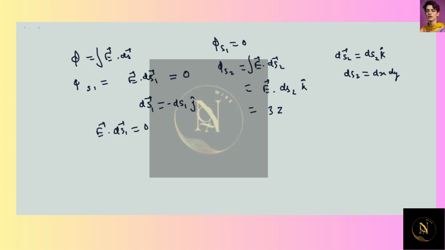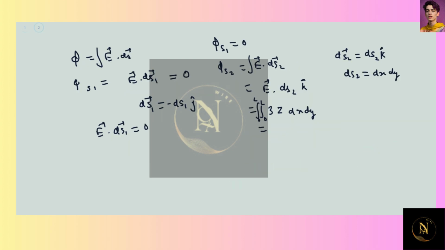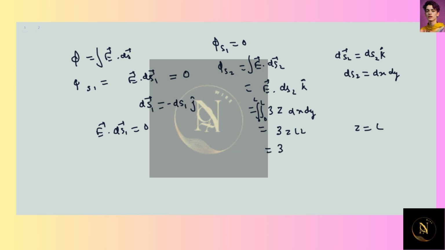This gives us limits 0 to L and 0 to L, because the whole surface goes from 0 to L in x, and dy also goes from 0 to L. So we have 3z times L times L. And what is the value of z here? z equals L. So we have 3L cubed.